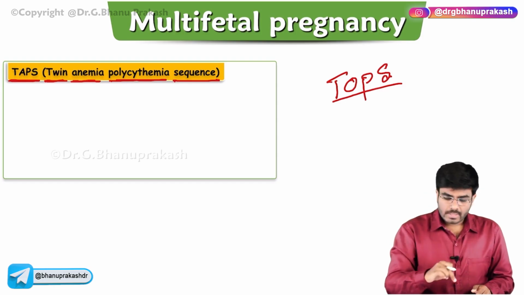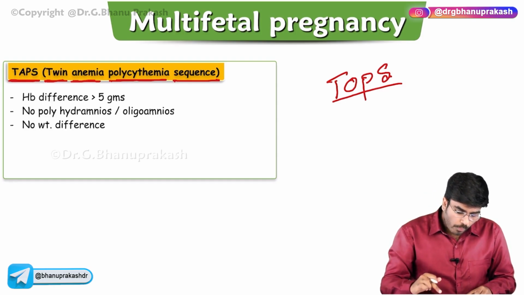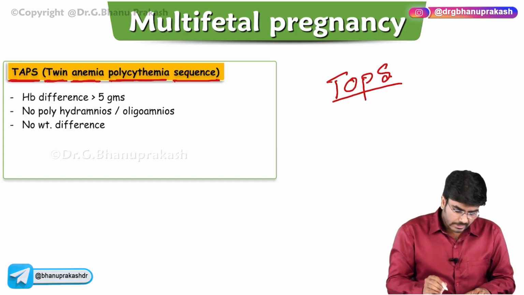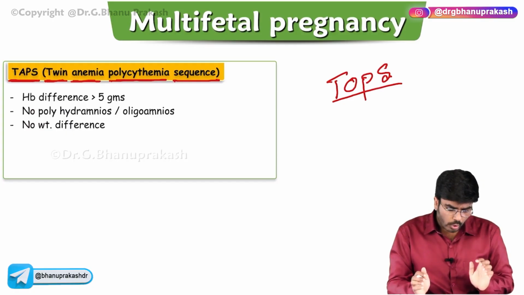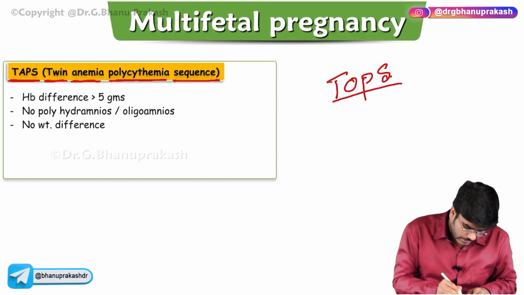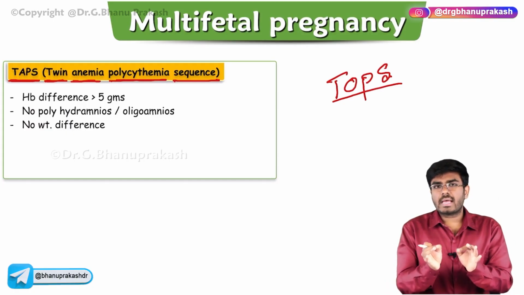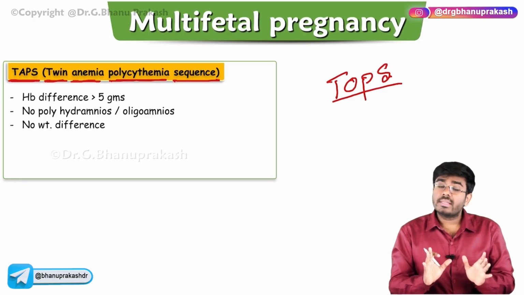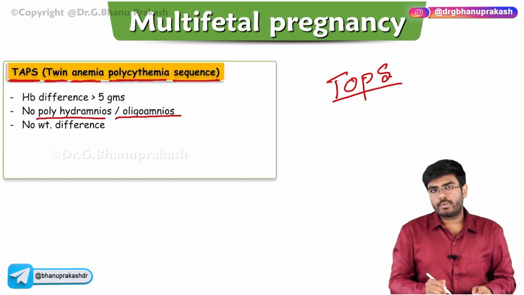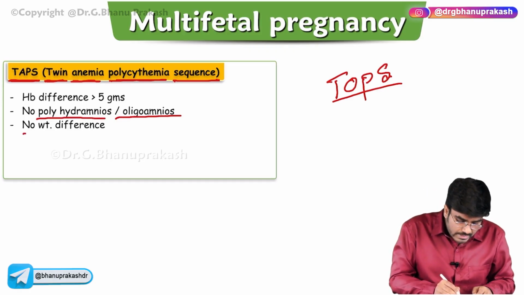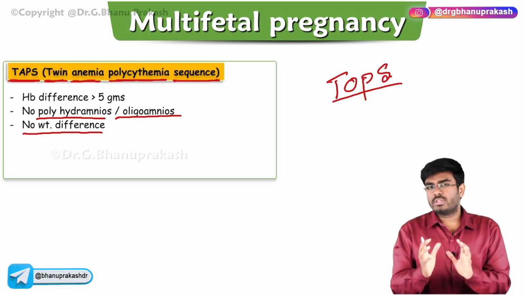But here, please remember, there is no oligohydramnios or polyhydramnios. Please concentrate. Only problem is anemia, polycythemia. There is no evidence of polyhydramnios or oligohydramnios, and no difference between the weight of both the babies.